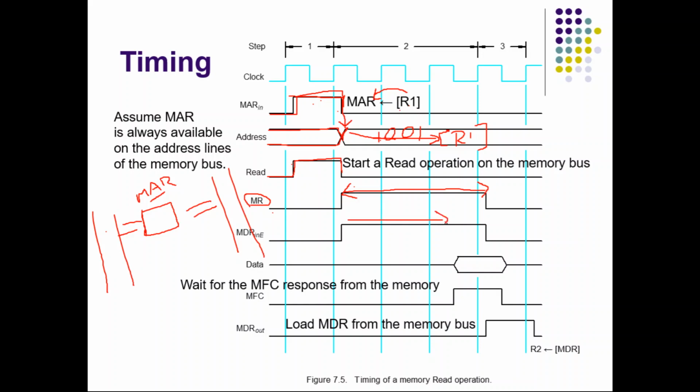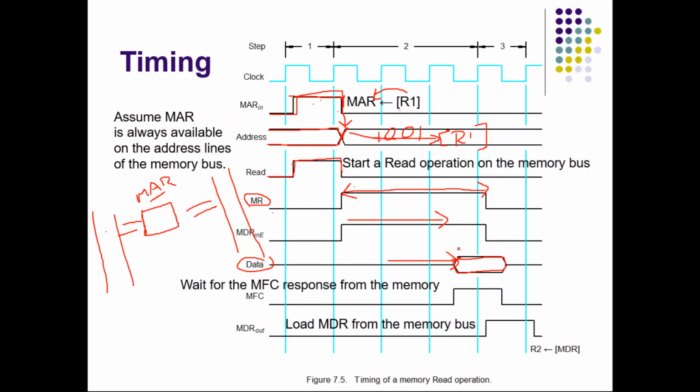Once the memory read is successfully completed, the data will be available in the data bus. This is the data bus. So we are assuming that by this time the data is available in the data bus. Because read is activated here, it will take some time to read. So after 1 or 2 clock cycles, you can see there are 2 clock cycles, the data is available in the data bus.